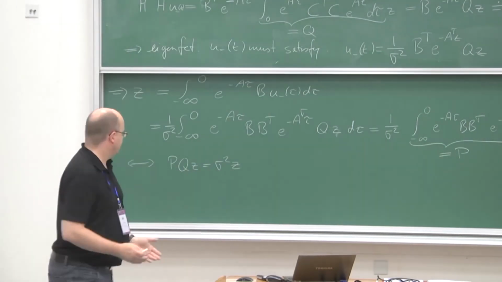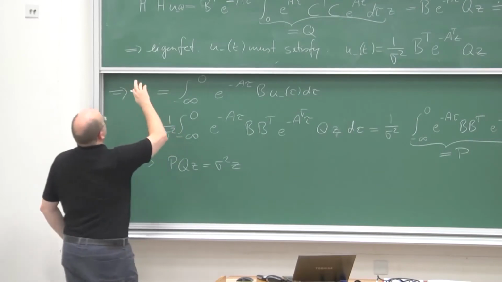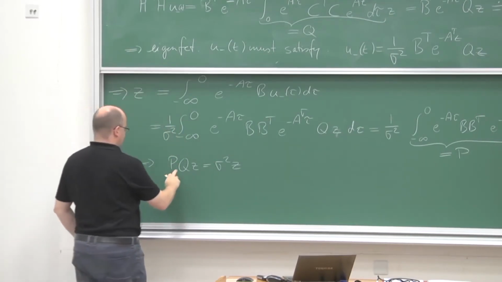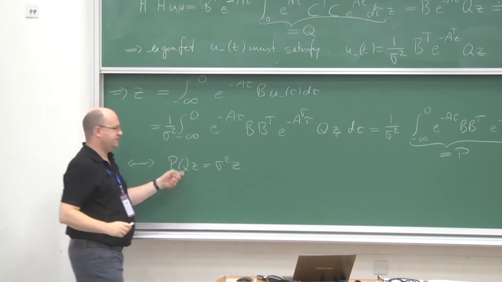That shows that the eigenvalues of H star H are equal to the eigenvalues of P times Q.